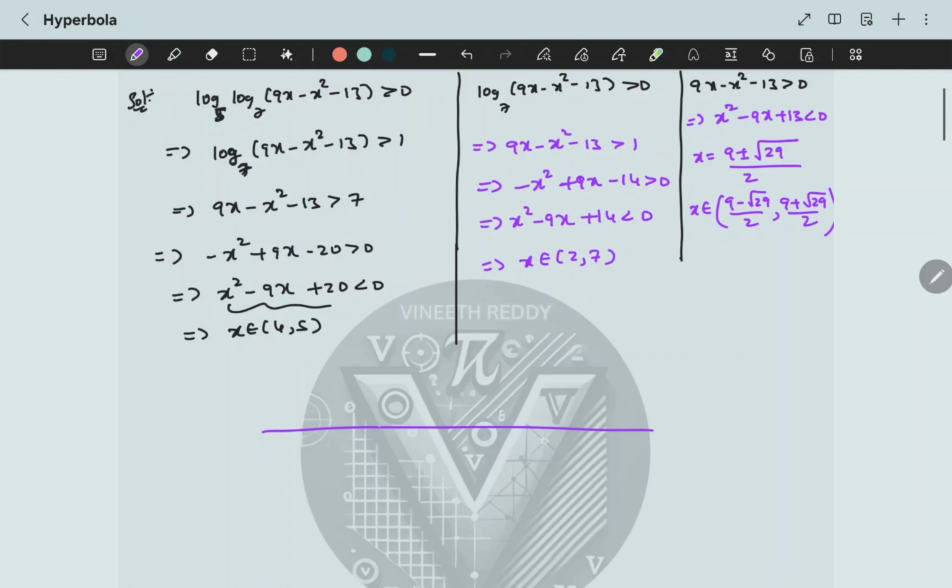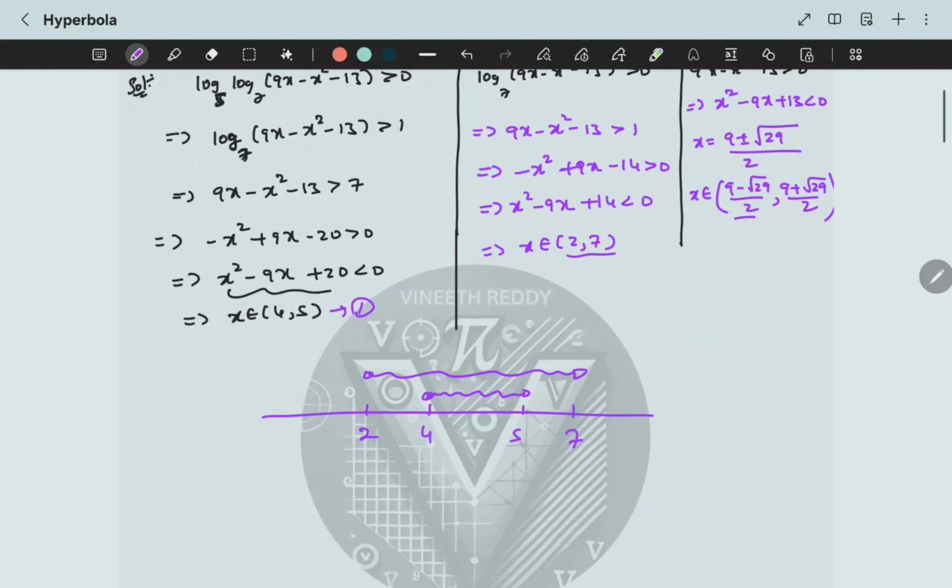Let me draw the number line. As per the second relation, x belongs from 2 to 7, and based on the first relation, x belongs from 4 to 5, in between them. This fellow (9 minus root 29)/2 should definitely be less than 4.